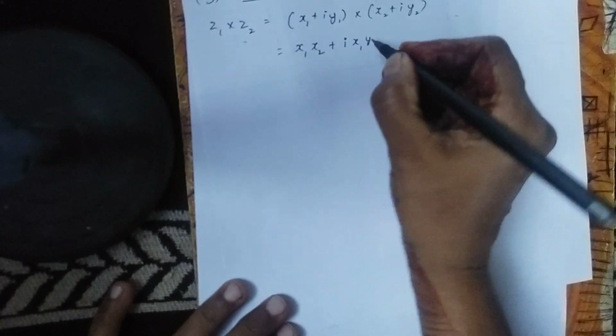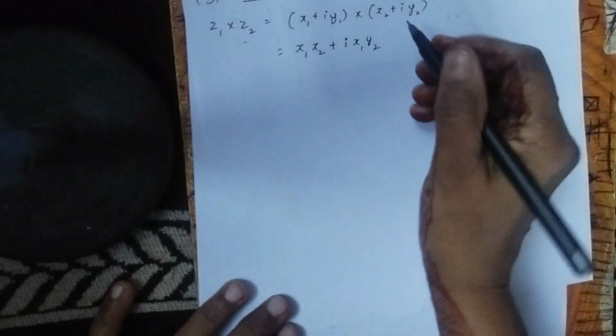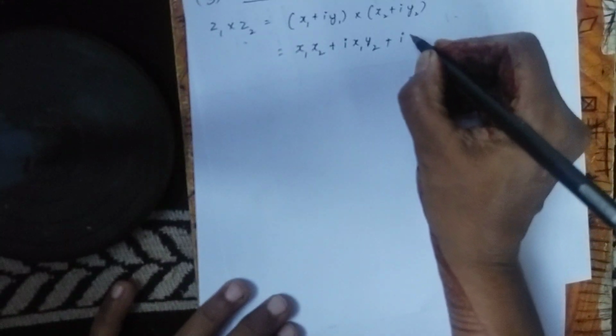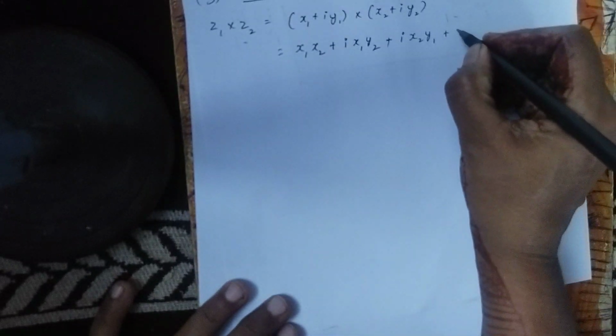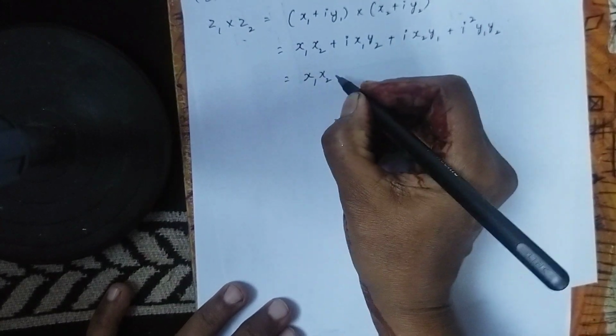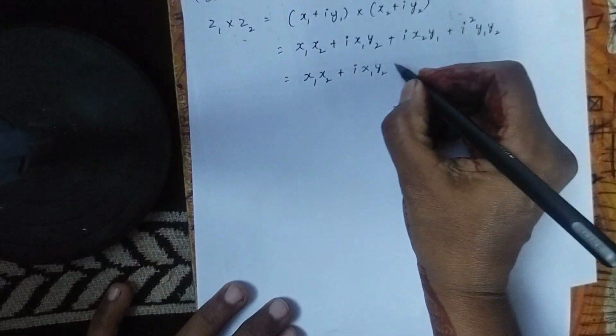First you multiply x1 to both of these, x2 and iy2, giving x1x2 + ix1y2. Okay, next multiply iy1 with x2 and iy2, giving ix2y1 plus i × i is i², y1y2.